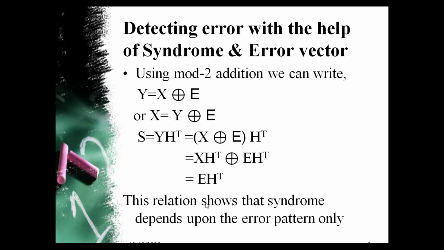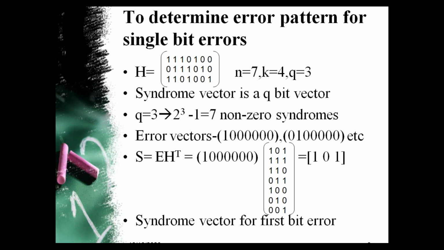Therefore we can conclude that the syndrome depends upon the error pattern only. It is independent of the code word. If you take any code word, the syndrome vector depends only on the bit position in which the error occurred. Then you can take this example.